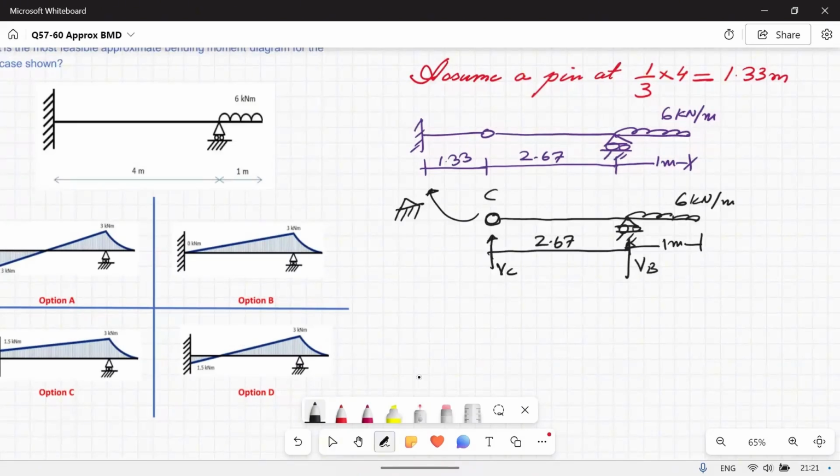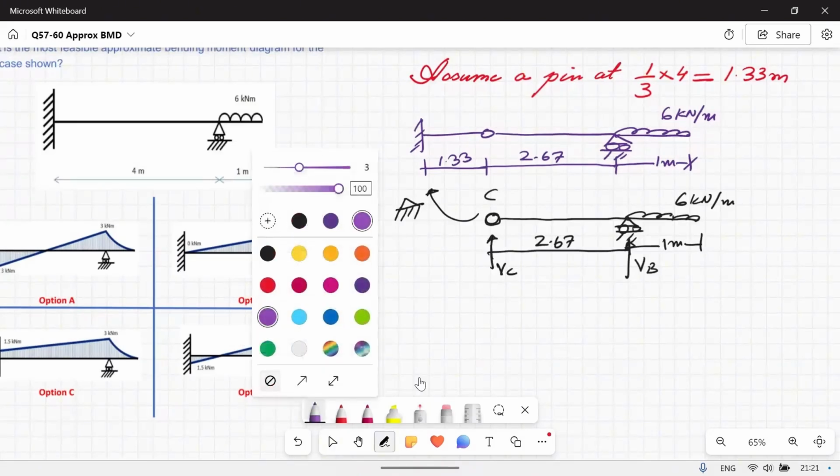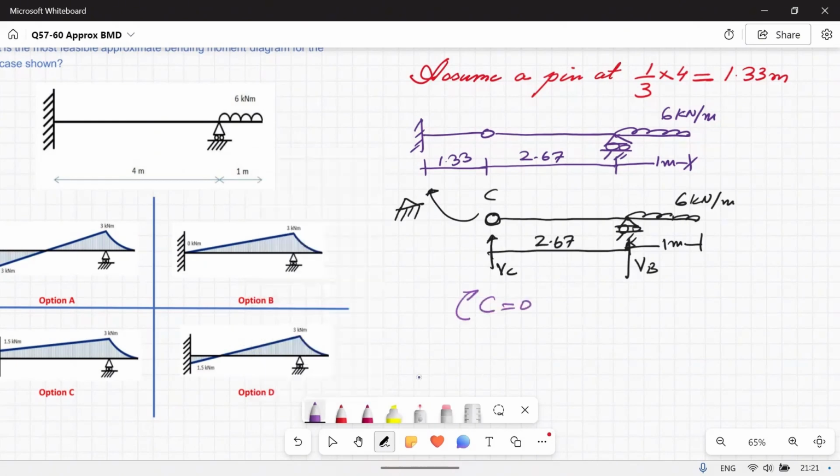So let me say summation of moments at C is equal to 0. So let's find out moment due to this 6. So 6 times 1 times half of distance of 0.5 plus 2.67 is this distance.